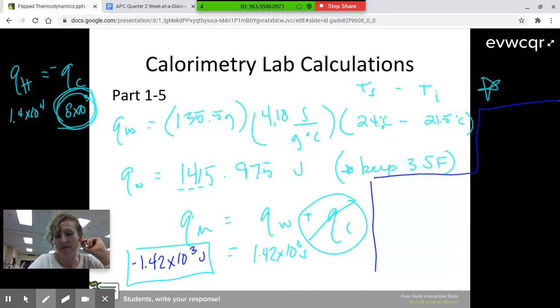Would you use the same temperature change of the water? Because you don't find the final temperature of the metal. Yeah, good point, Kaya. So we don't actually stick a thermometer into the metal, right? But what should the final temperature of the metal be? The same as the water. Yeah.